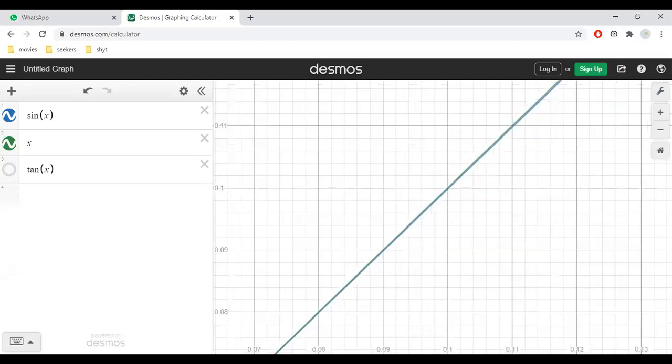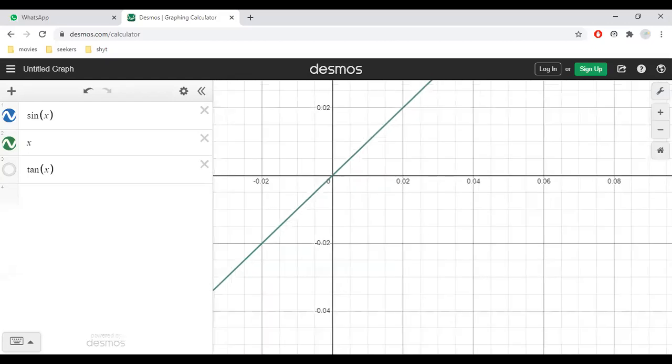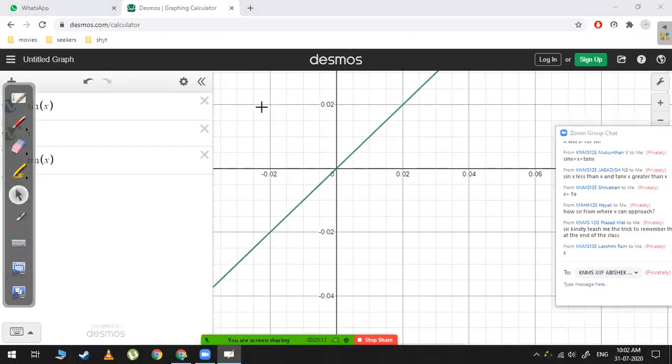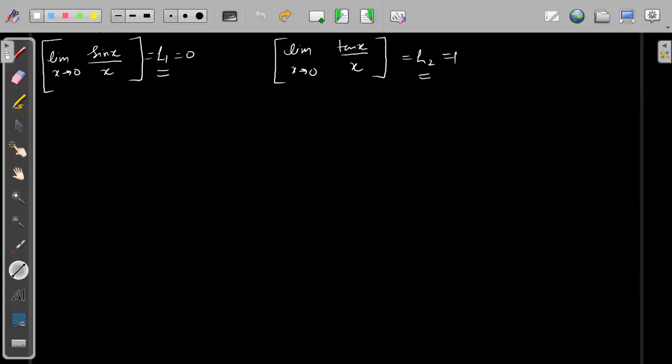That means when we are dividing sin x by x, we know that this will be approximately equal to 1. But if I write it exactly, I will write it as 1 minus, which is the more accurate value of sin x by x.